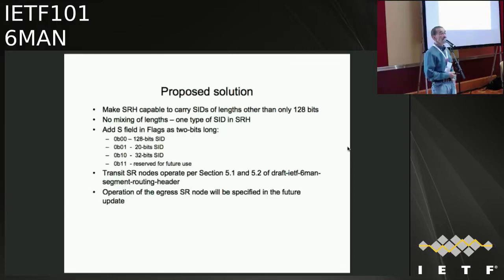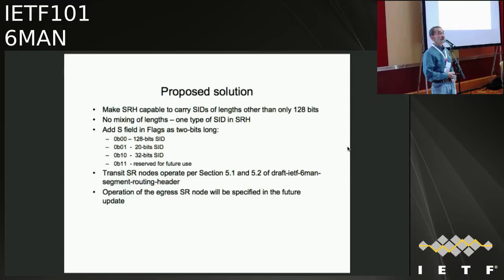We propose to make the segment routing header multifunctional. Not only be capable of advertising 128-bit SIDs, but be able to recognize that it carries either 20-bit SIDs or 32-bit SIDs. The solution is pretty simple. Allocate a 2-bit long field, which can be encoded as 0 for 128-bit to be compatible with current implementations, since the current draft suggests that this field be zeroed on transmission and ignored on receipt.